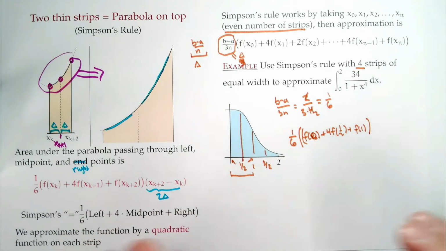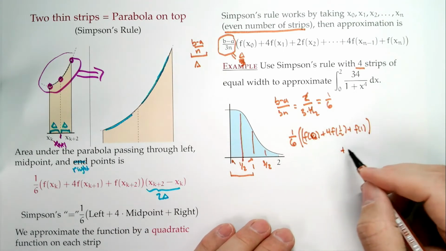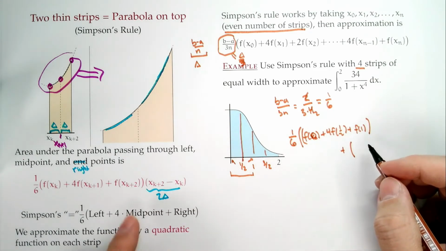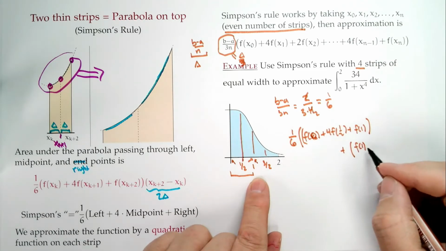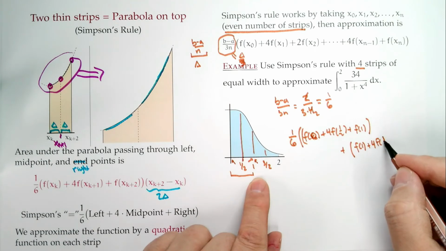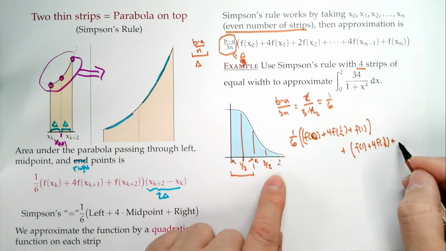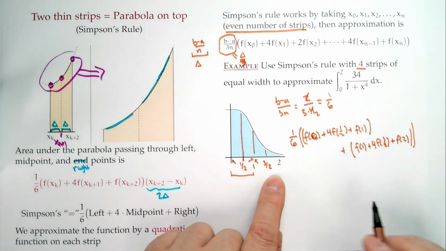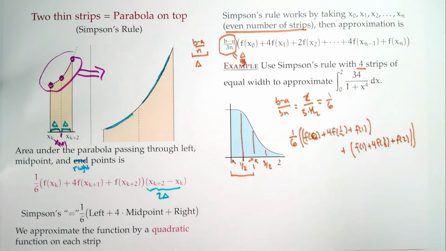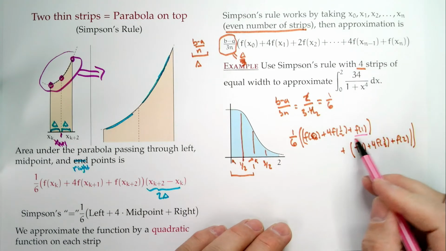All right. Yes? Good. Plus, and now we come here to the next one. We take the left hand, so that's f of 1, plus 4 times f of 3/2, plus f of 2. Now, what I want to point out here is we have something similar to what was happening with the trapezoid rule.